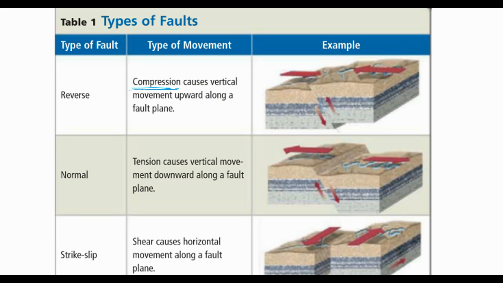Normal fault is tension, so they're being pulled apart, and we see vertical movement downward by the hanging wall. And then shear is horizontal movement along a fault plane. Strike slip is shear occurring along a horizontal movement.